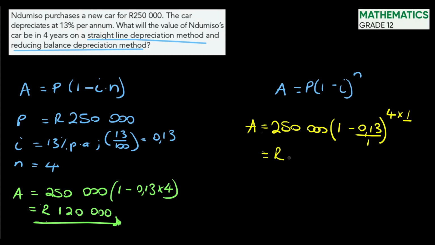And we plug this into the calculator, 250,000, open bracket 1 minus 0.13 over 1, close brackets to the power of 1 times 4, and we should get $224,405.